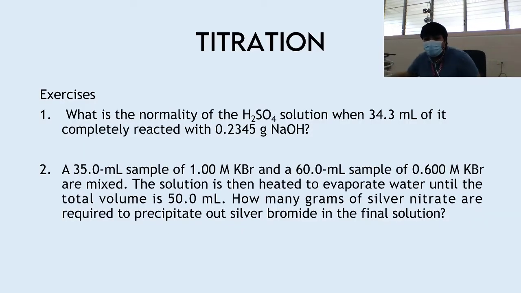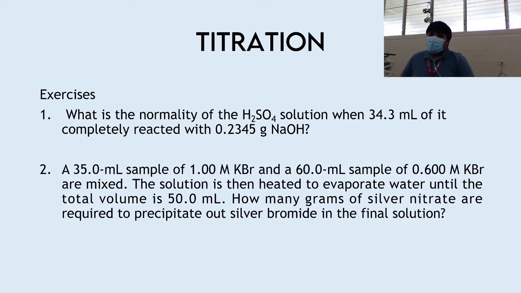A 35 ml sample of 1 molar potassium bromide and a 60 ml sample of 6.6 molar potassium bromide are mixed together and evaporated until the final volume is 50 ml.